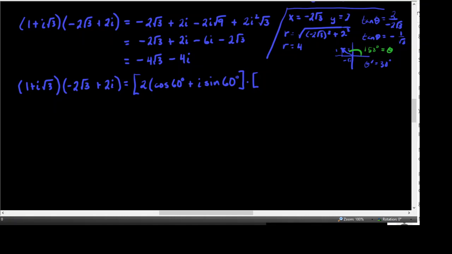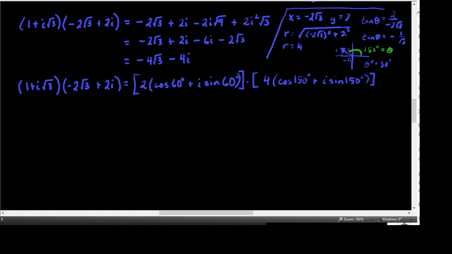And so this one would be 4, because r was 4, times the cosine of 150 degrees plus I sine of 150 degrees. I forgot a parenthesis back here. Put that back in.